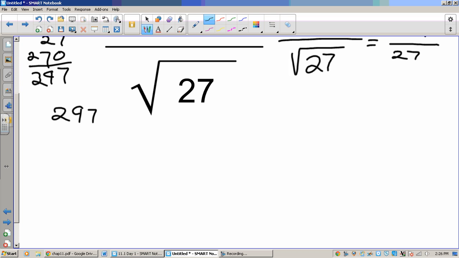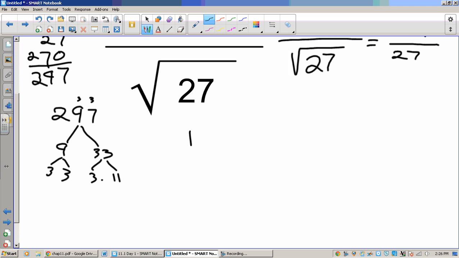I can do 9 plus 2 is 11, 11 plus 7 equals 18, and 9 does go into 18, so I know that 9 is one of the factors. What's convenient is I know 9 is a perfect square. And 9 goes in there 33 times, and that's 3 times 11.